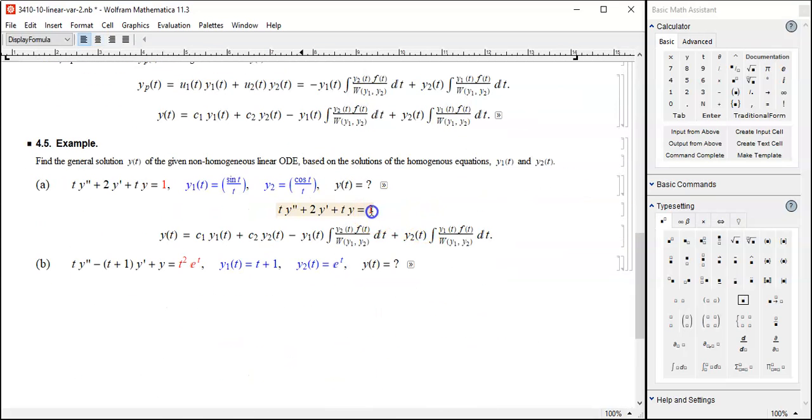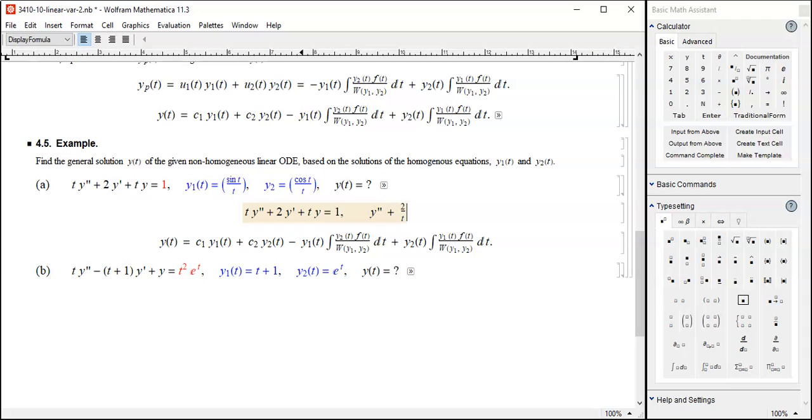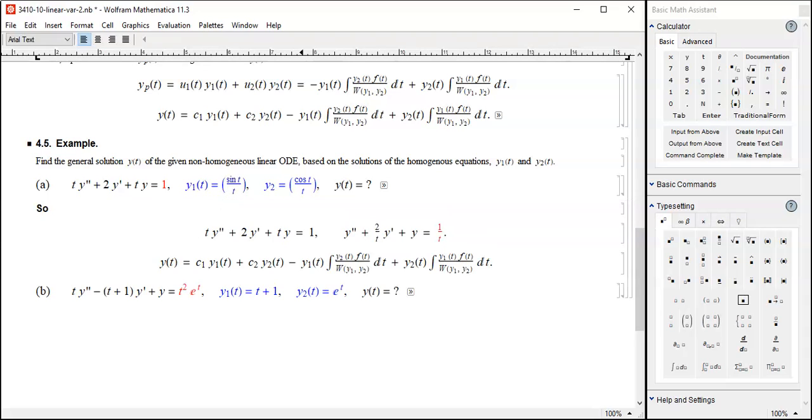So from here, divide everything by t, then y double prime plus 2 over t y prime plus y equals 1 over t. And that is my f of t. This is a very typical step that a lot of students miss. You have to make it standard first.